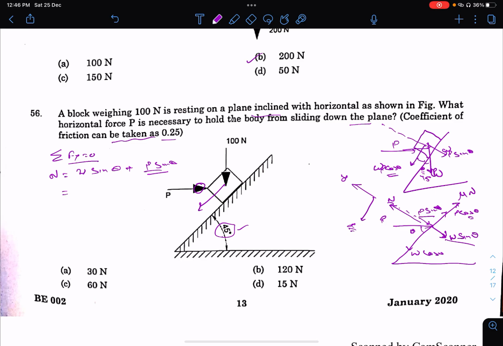And forces in x direction should also be 0. So here W cos theta is equal to mu into N plus P cos theta.